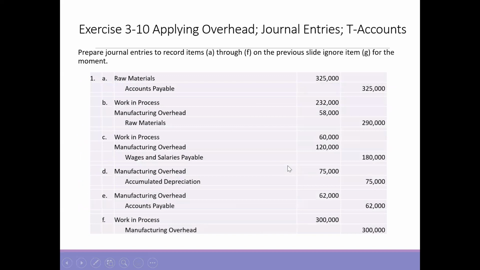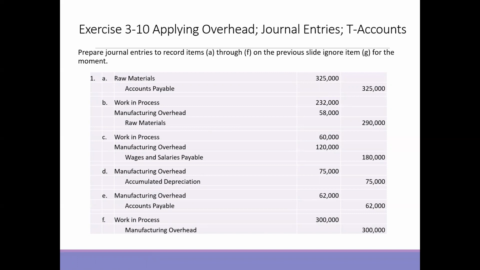So the journal entries, purchased raw materials. We debit the materials, we credit the payable. When we transfer raw materials, they either go into work in process or manufacturing overhead based on if they're direct or indirect materials.